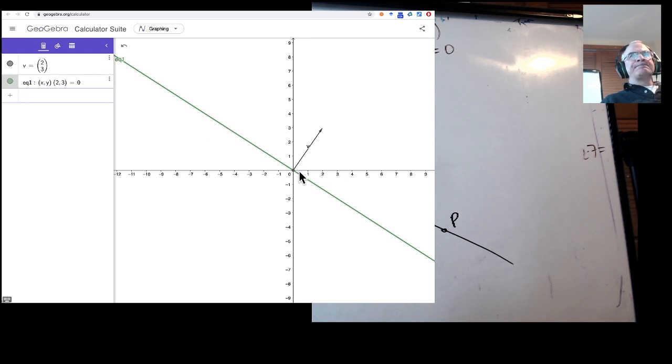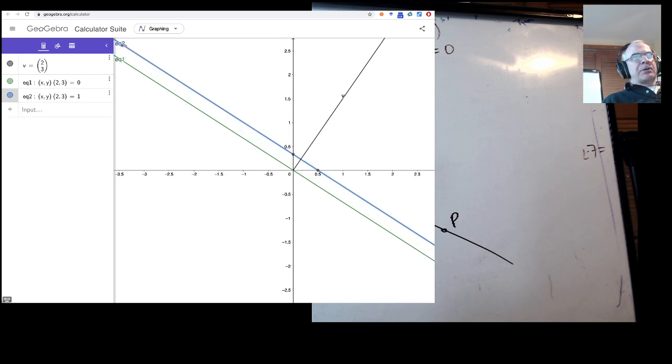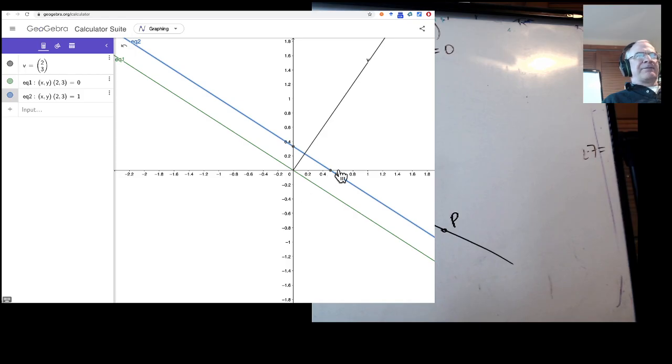appears right here. Okay. Now, you might ask, what happens if I take all the points xy such that xy dot product v equals, same xy, same v, but instead of 0, I'll write 1, and what appeared is another line that is quite close, that is parallel to the original line, but is a bit away from it.